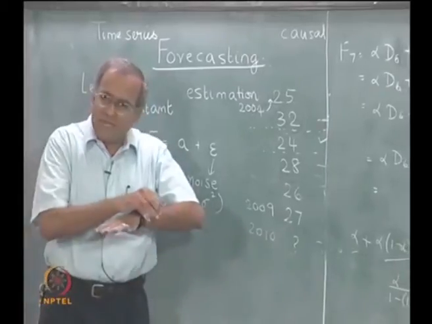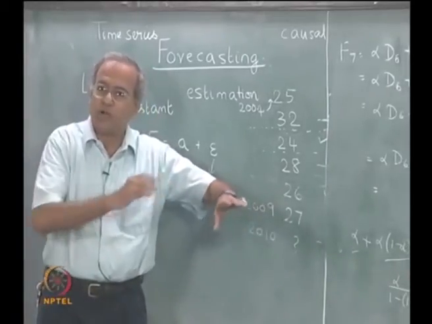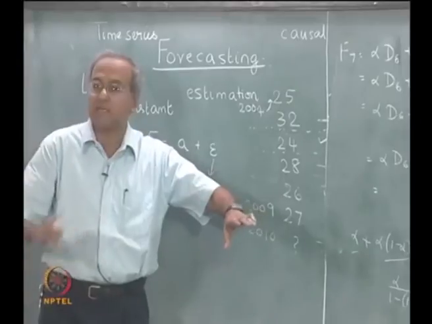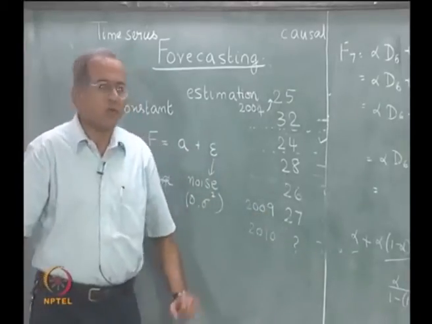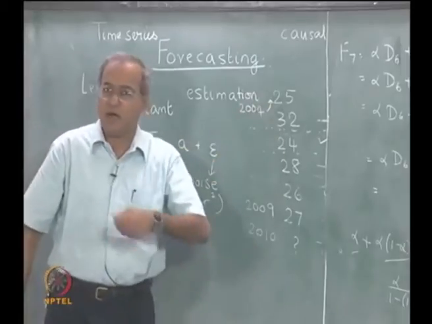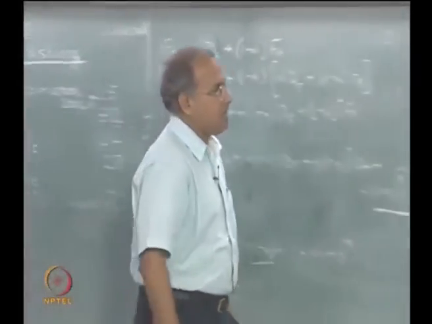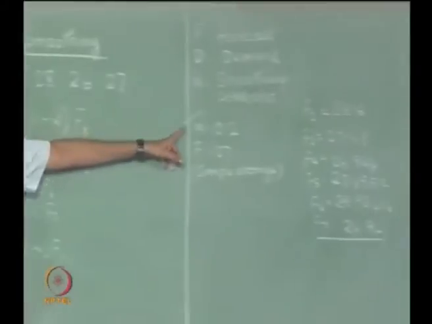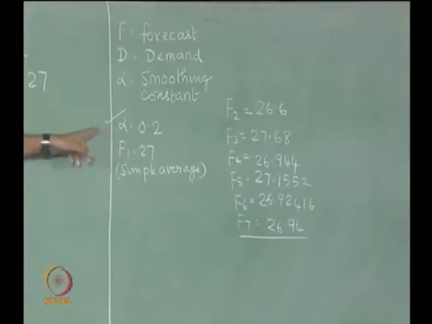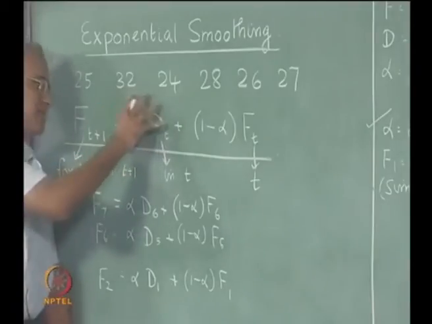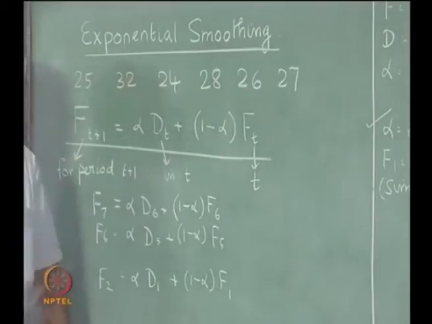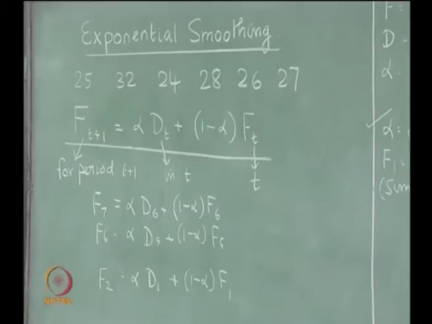So, if the demand is very stable and does not show noise or variation within, in such cases we can have a larger alpha. So long as there is variation and noise, it is advisable to have a smaller value of alpha, which means the weight associated with the demand in this term will be less and the forecast will have a higher weight.